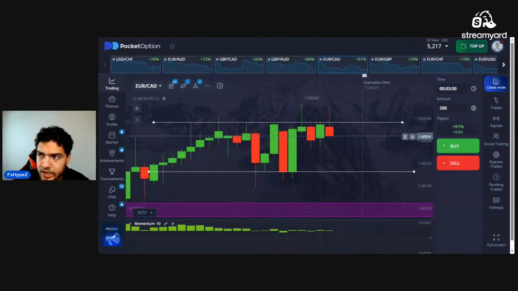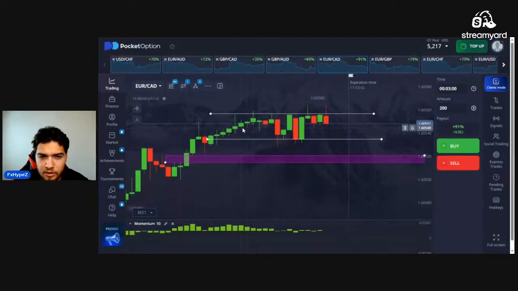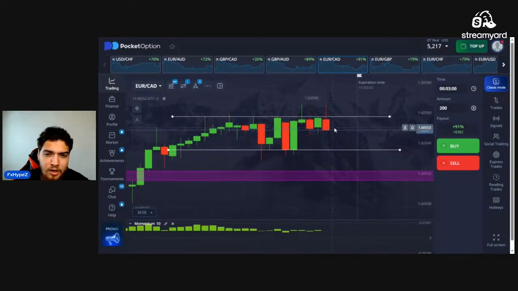If she does reject again, then I'm probably going to assume that she's going to come down. Because if you zoom out a little bit, you'll see that we're just moving sideways. I need to see some sort of convincing break. It doesn't necessarily have to be a candle closure.